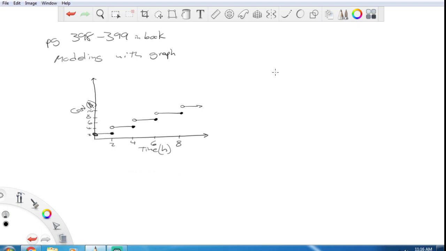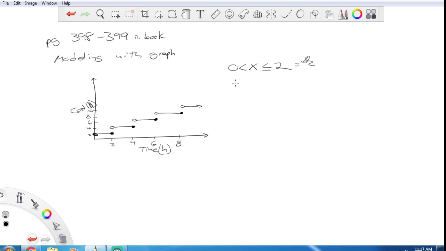So for anywhere between 0 and 2 hours, well, 0 is not going to work, see, this is why I like calculus notations. If you like your inequality, anywhere between 2 hours and 0, but it doesn't include 0, it's going to cost $2.